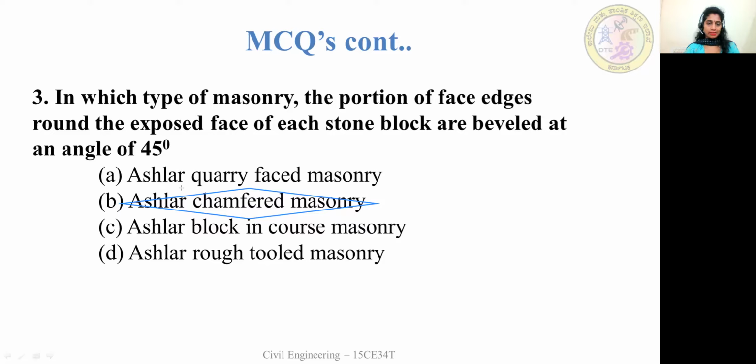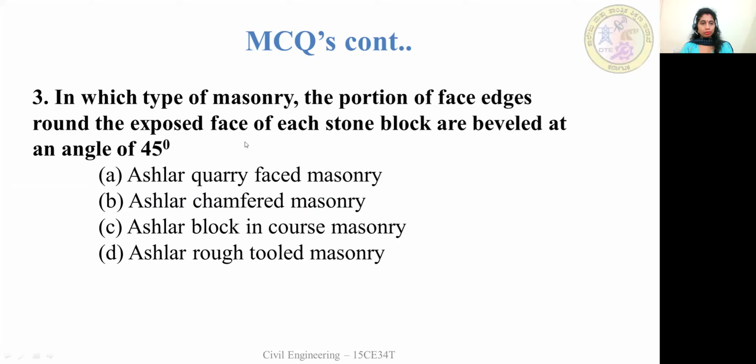Option A is ashlar quarry faced masonry, where roughly dressed stones are used. Ashlar block in course masonry cannot be our answer because the edges are provided or beveled at an angle of 45 degrees. So it means ashlar chamfered masonry.